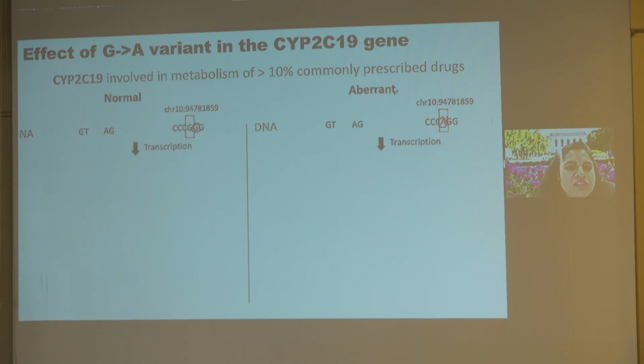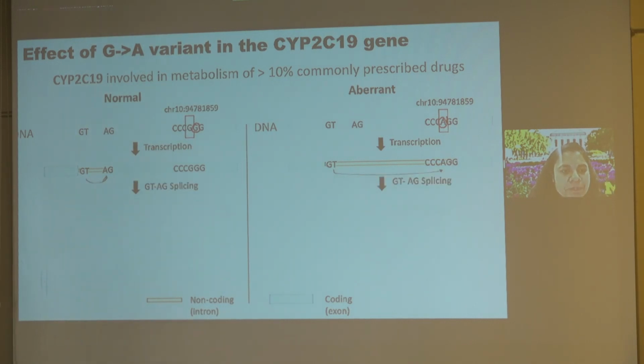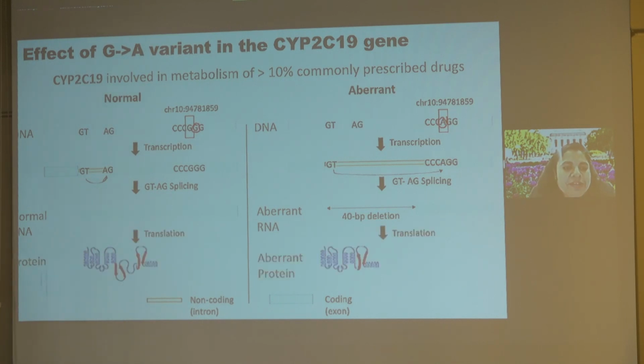What happens usually in transcription is that this GTAG pattern helps to cut down the non-coding region. So now we have cut it down, and we get an RNA out of this DNA, and that translates to a protein which helps to metabolize the drug.